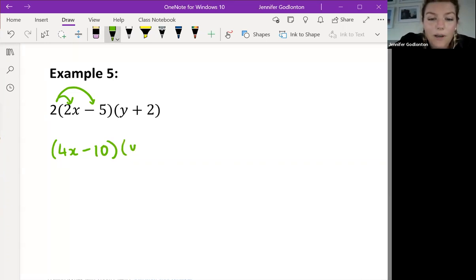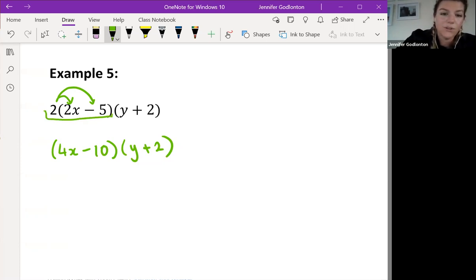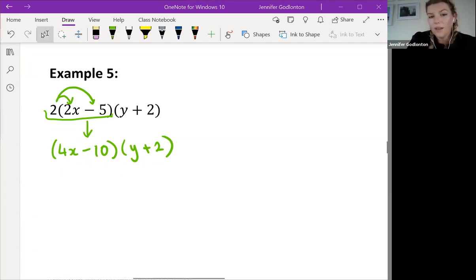And then we keep our other one in a bracket, y plus 2. All we did here was distribute that 2 to give us our 4x minus 10, and we have to remember to keep it in brackets. Once we get to this point, all we have to do is do our FOIL that we've been doing.